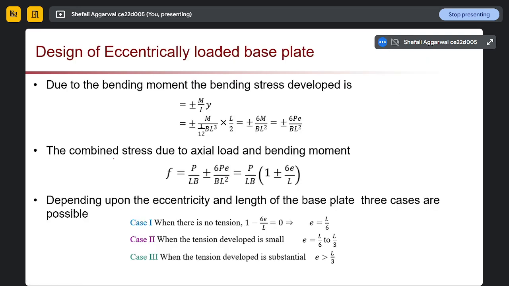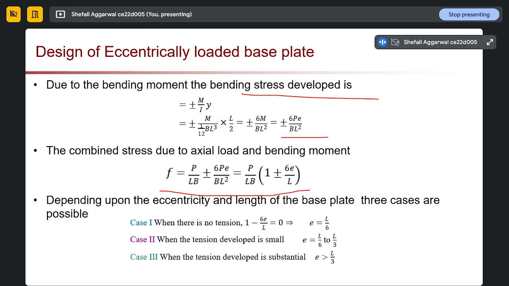Due to the bending moment from eccentricity, the bending stress developed is given by M upon I into Y. I will be B L cube upon 12, and Y will be given by L by 2. So our bending stress is given by 6PE upon B L square. So the combined stress due to axial load and bending moment is given by P upon area, P upon L B, plus 6PE upon B L square.